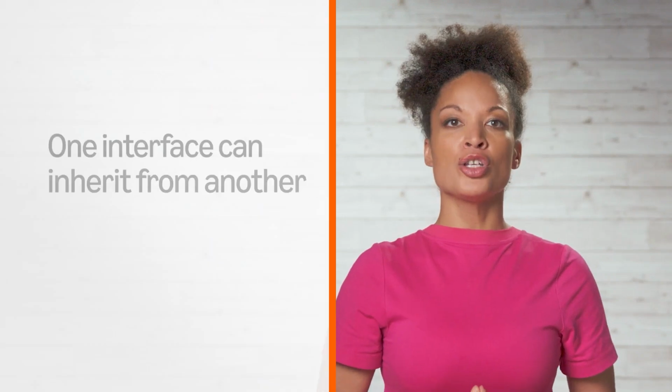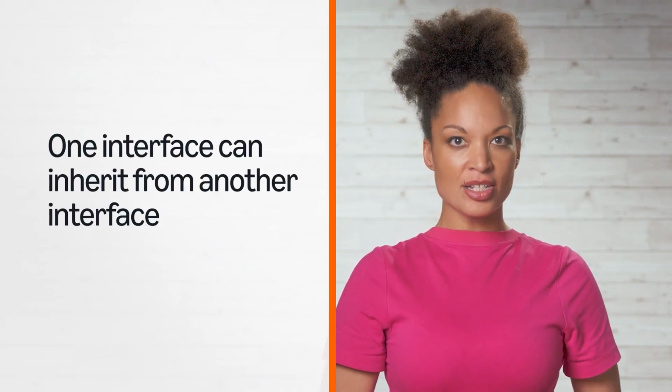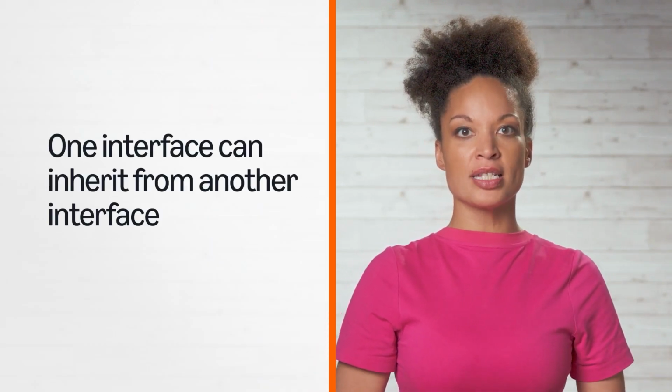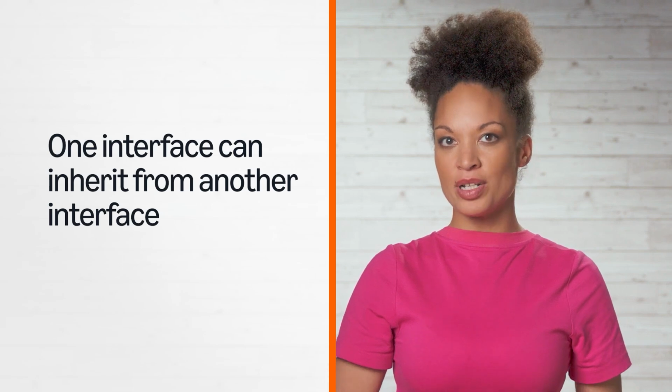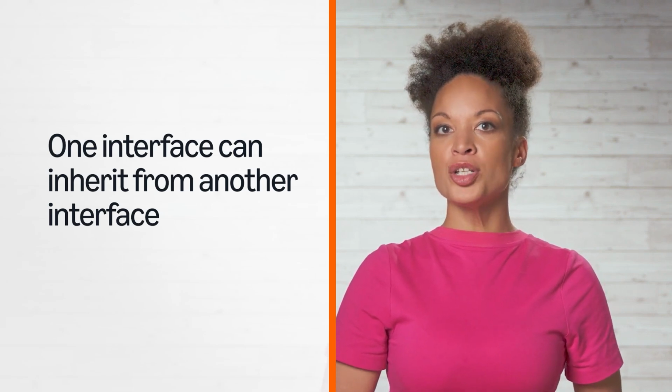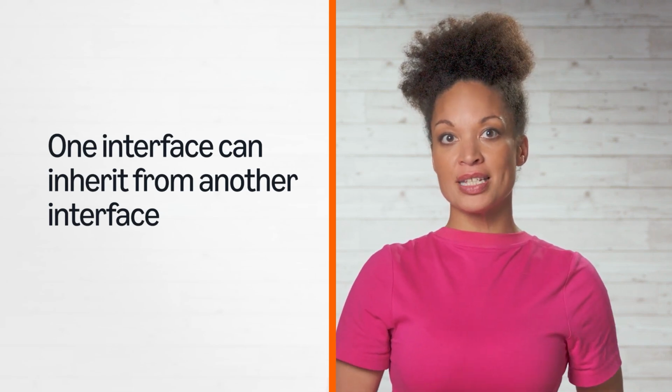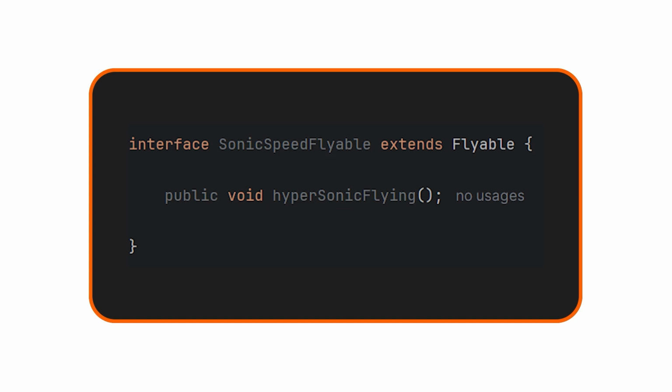Enough about penalties. Let's learn more about interfaces, specifically inheritance. You saw earlier that a class cannot inherit or extend an interface using the extends keyword. However, one interface can inherit from another interface. If you implement an interface that inherits from another interface, you must implement methods from both the parent and child interfaces.